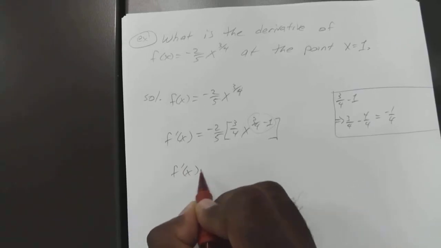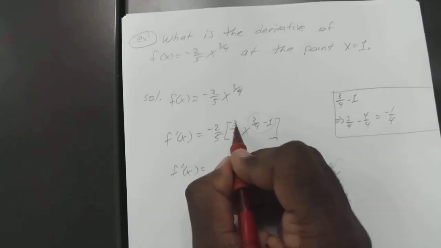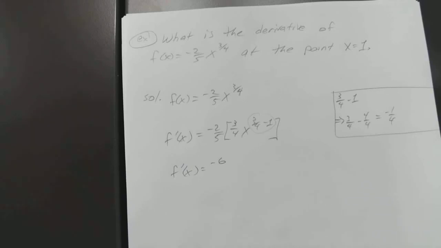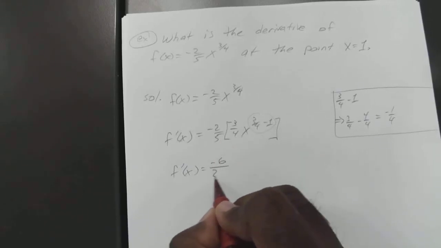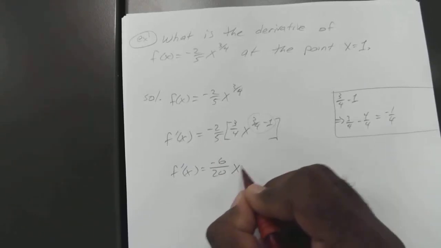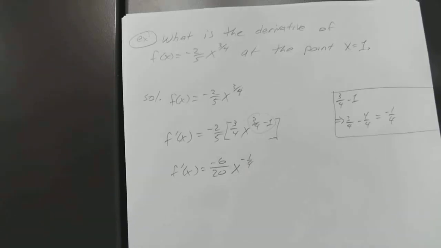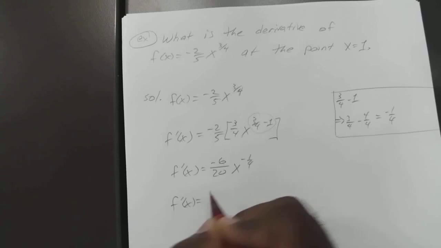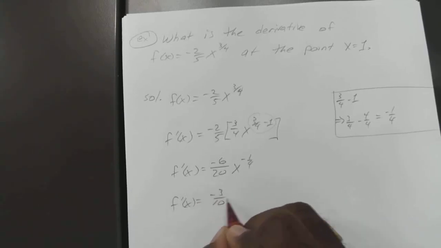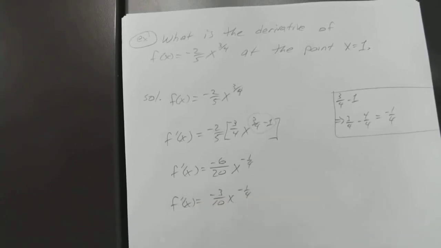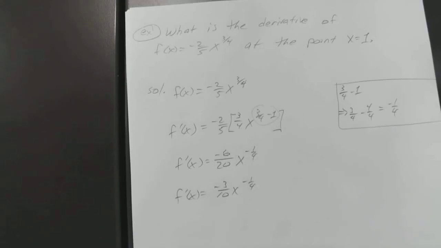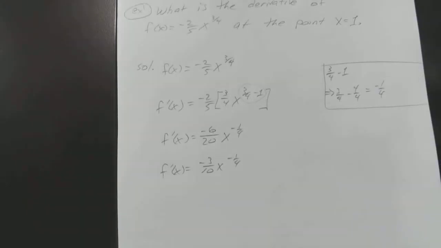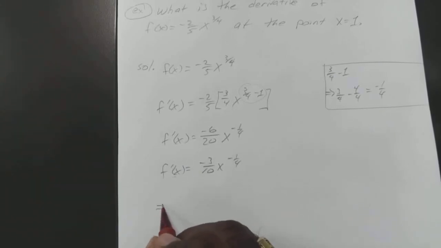Okay, so your f prime of x is going to equal negative 2 times 3, which is negative 6, over 5 times 4, which is 20, x to the negative 1/4, which actually reduces to negative 3/10 x to the negative 1/4. Okay. Now when x is equal to 1, you just plug in 1 there.